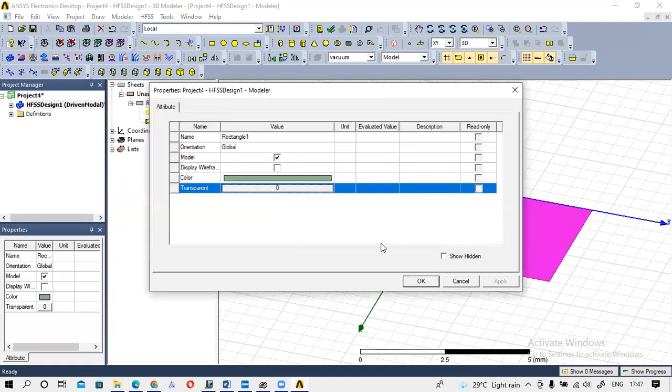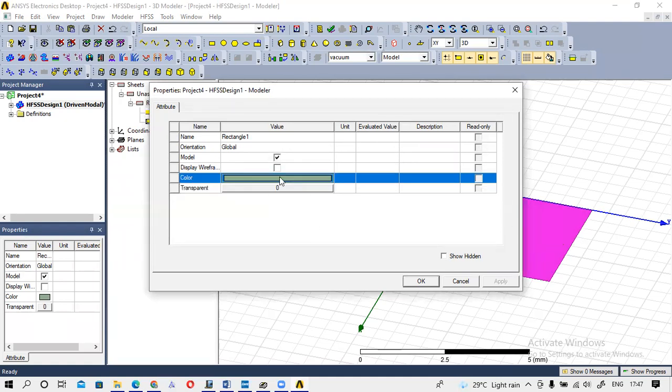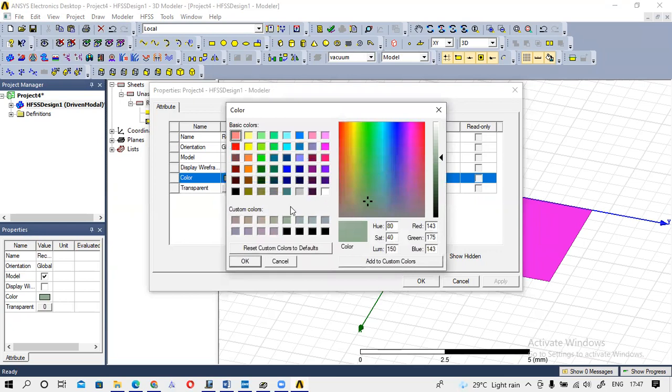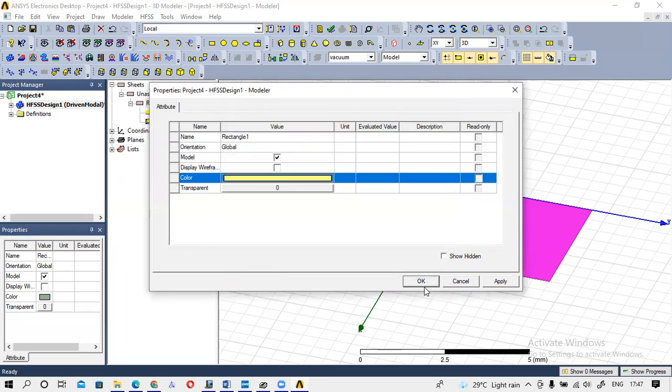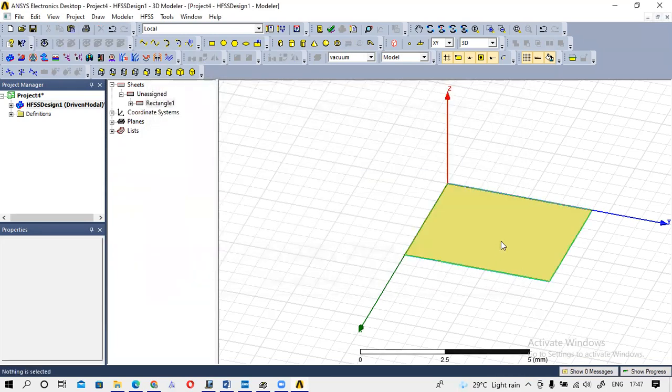Here this is the copper plate, so I will use a color appropriate for copper. We can use yellow color for copper. Now you can see that it is yellow.